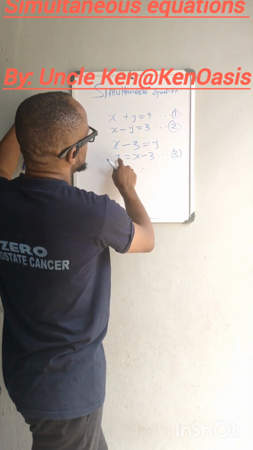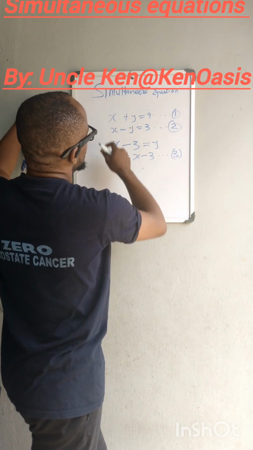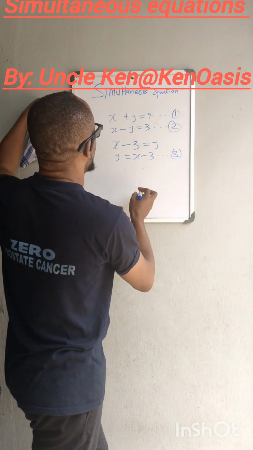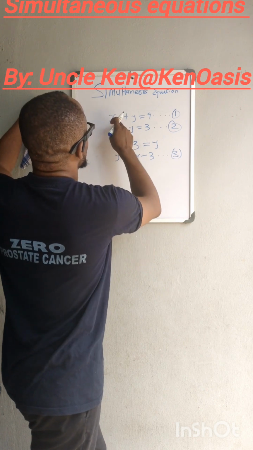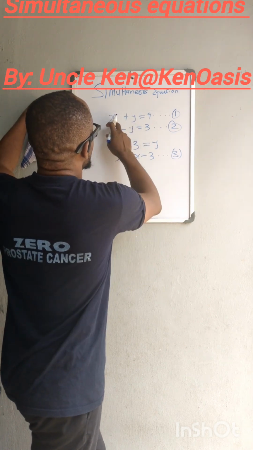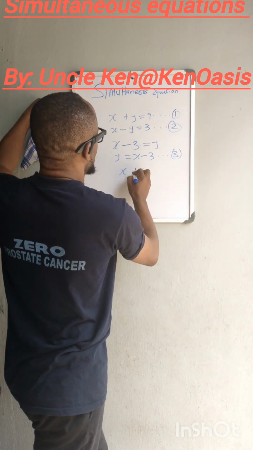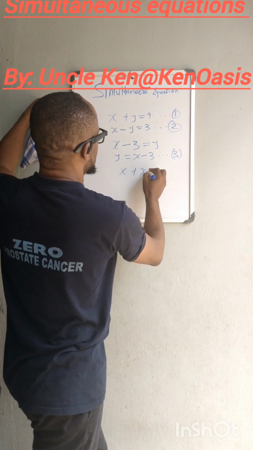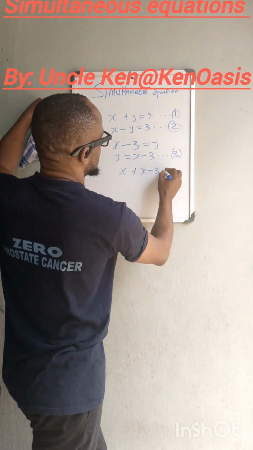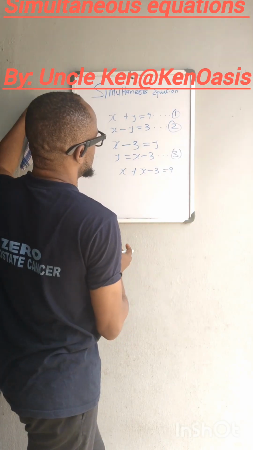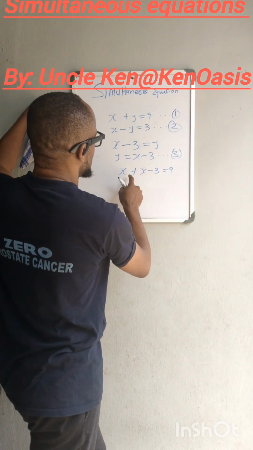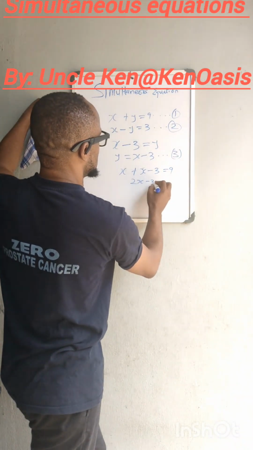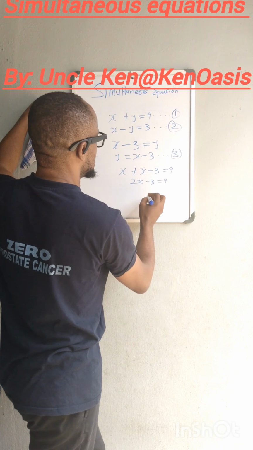Then you can substitute this value of y in equation 1 in order to get x. So x plus the value of y, which is x minus 3, equal to 9. Now x plus x is equal to 2x. 2x minus 3 equal to 9.